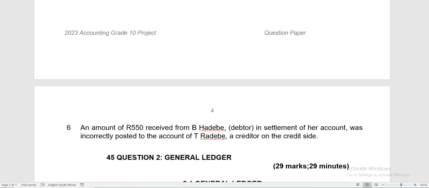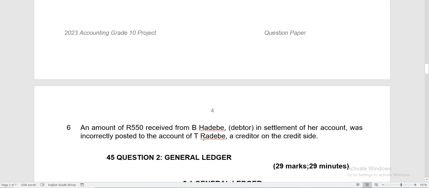One must be debited, one must be credited. Who was paying? We need to check who was paying.